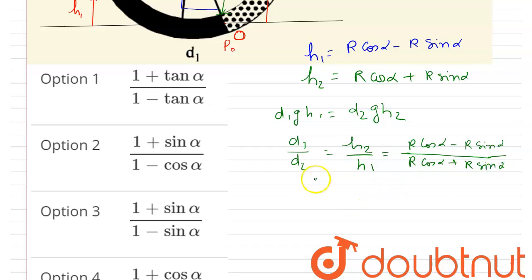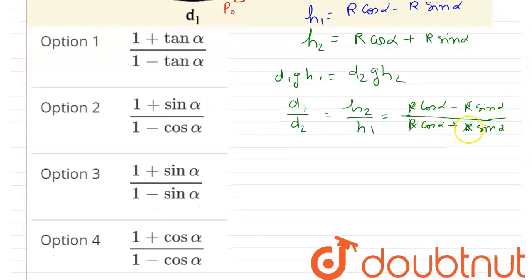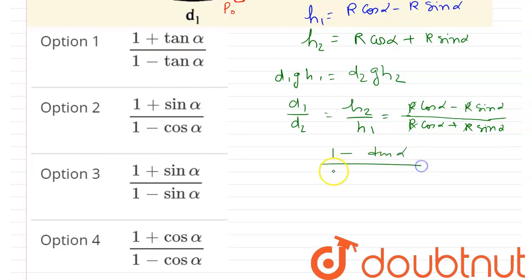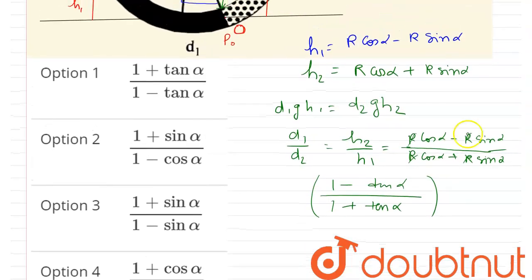So R will get cancelled out, right? If I divide the whole expression by cos alpha, I will get 1 minus tan alpha in division by 1 plus tan alpha. So this will be the ratio of the densities d1 and d2, right? Okay, so we calculated this.